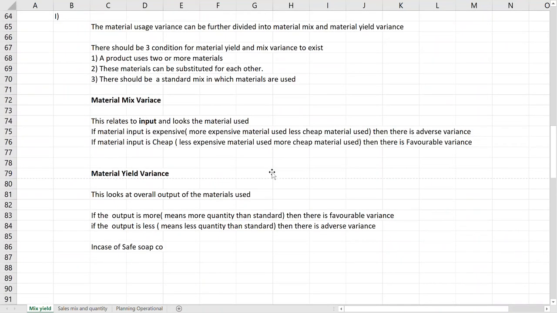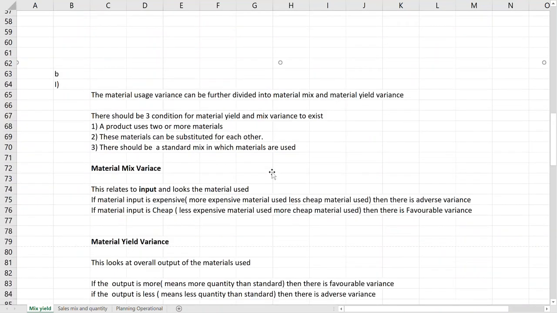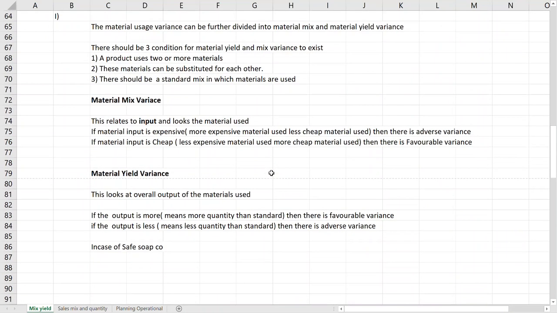And then we have yield, material yield. Yield means output, production. Okay? This looks at overall output. This is the key point. So it looks at output, how many units we made from these materials.